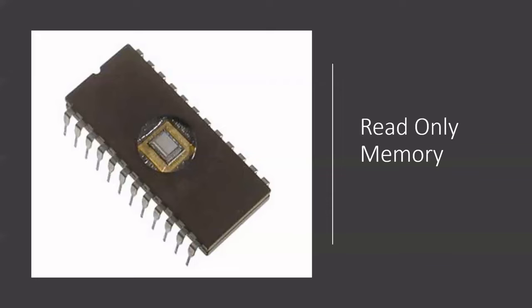Computers have an inbuilt ROM that has programs to boot your computer. When you're booting your computer, you need a certain set of programs to load the operating system. It has things like MBR and BIOS.